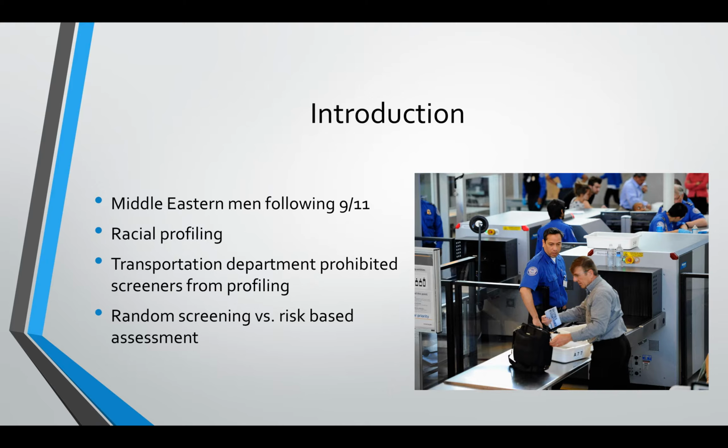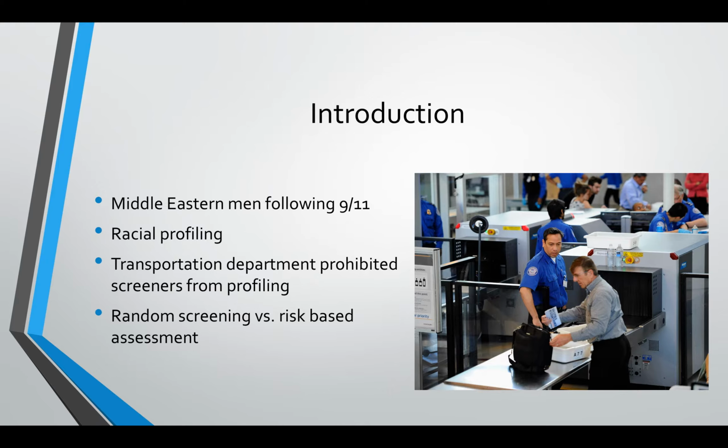This is why airport security seemingly randomly pulls people out of line for more in depth security checks. The US has used mostly random security in airport security, but there has been discussion of using risk based assessment.